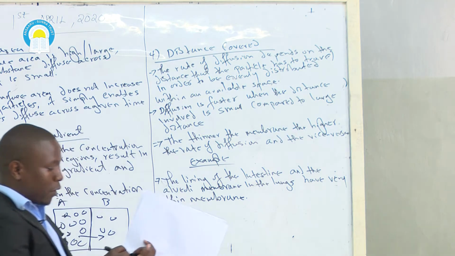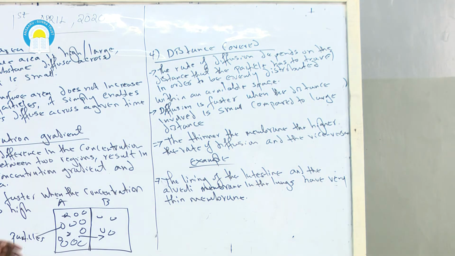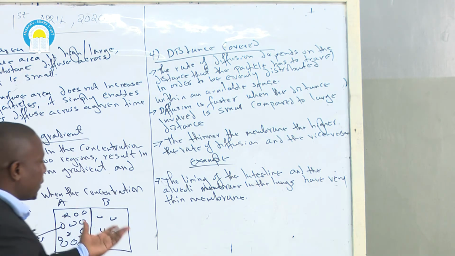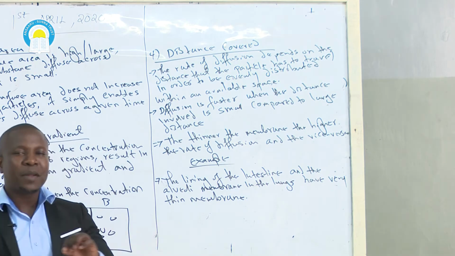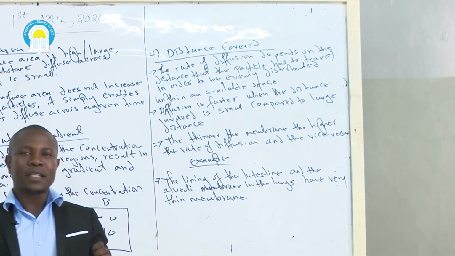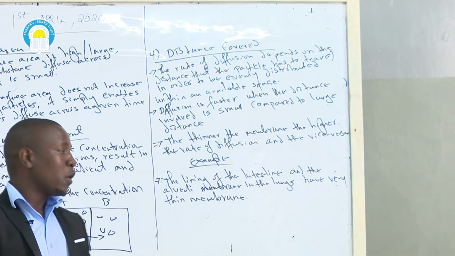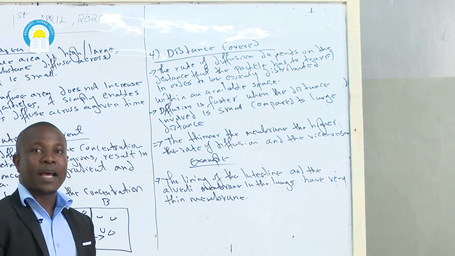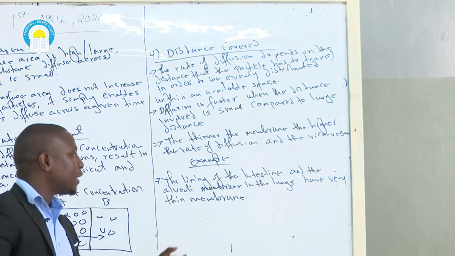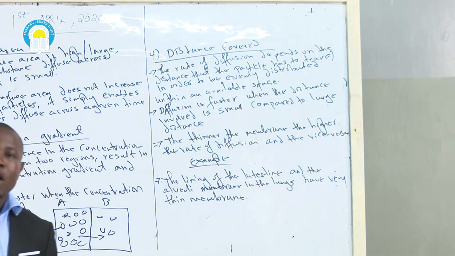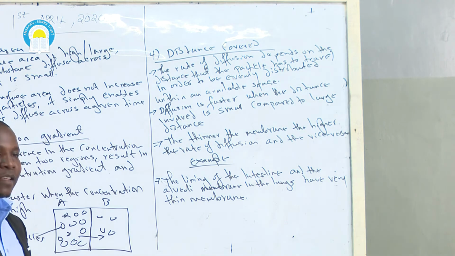So the membrane of the intestine, also called the ileum or small intestine, is very thin so that the diffusion of digested food can take place. So that the absorption of digested food can take place. When the absorption of digested food takes place, it diffuses into the villi and microvilli.